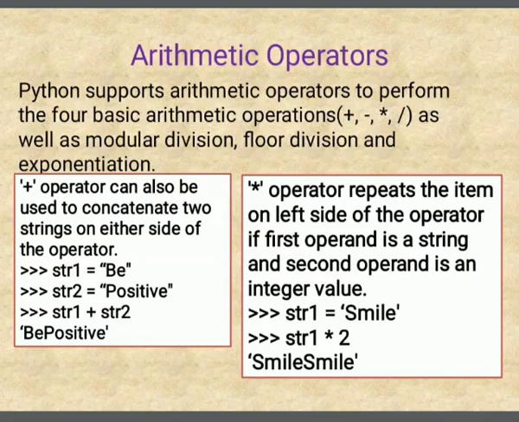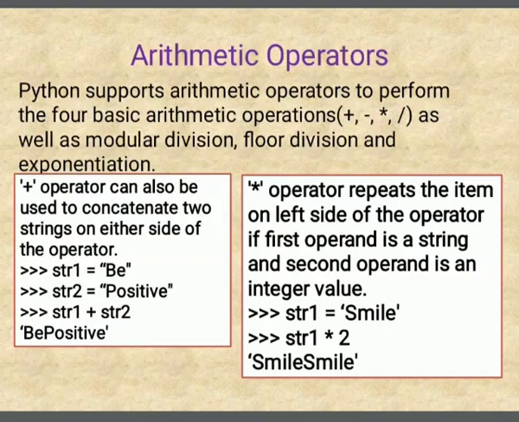Here we are taking two variables, str1 and str2. The value for str1 is "b" and str2 is equal to "positive". Both are enclosed in double quotes, so they are string values. And here we want to print str1 + str2. When we execute this, str1 and str2 are both strings, and between the two string values we have plus.